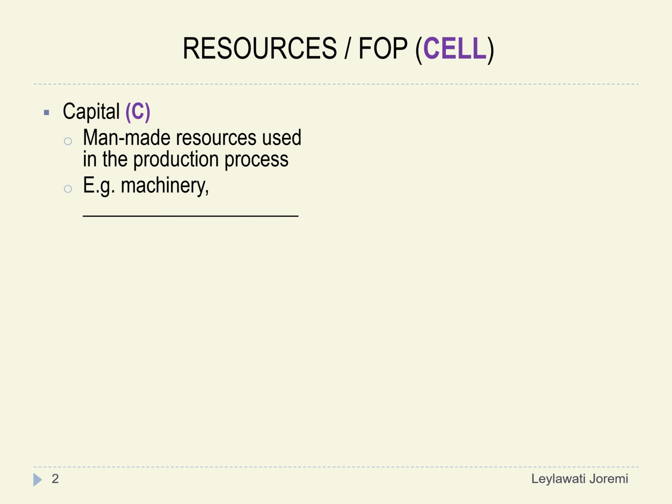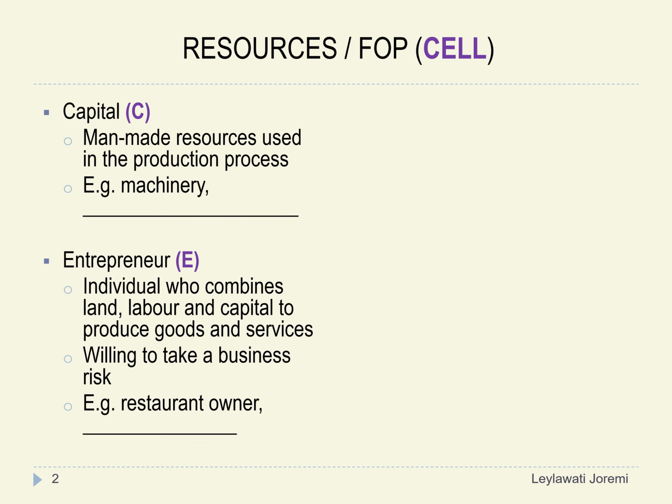When we say man-made resources, it means that these resources are invented by humans for use in the production process. For example, number 1, machinery. So can you figure out what other man-made resources are used by the producer in producing their goods and services? Guess. Let's take a look at number 2. E stands for entrepreneur.